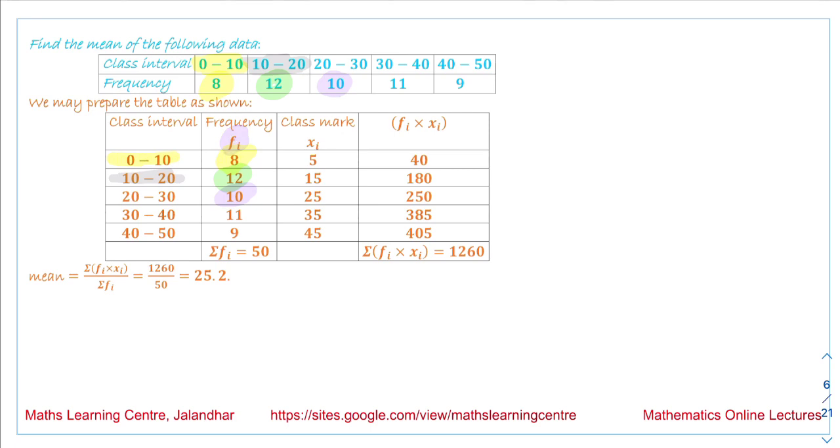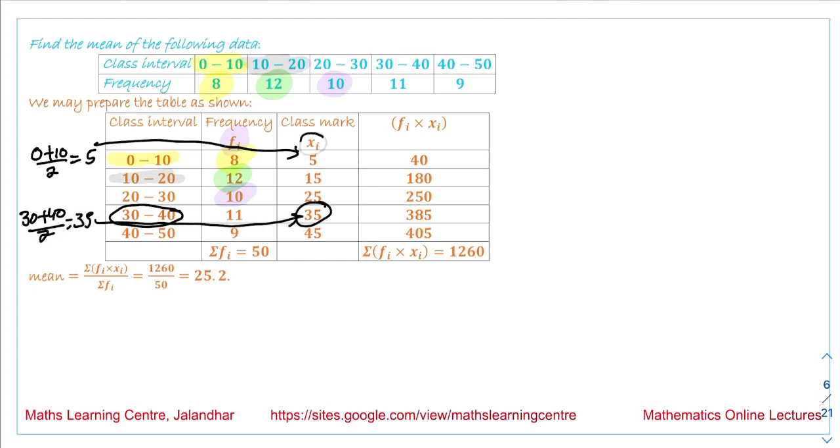The next thing we have to calculate is the class marks. The formula for class marks is 0 plus 10 by 2, that is equal to 5. Similarly, suppose I am talking about the interval 30 to 40. So the class marks will be 30 plus 40 by 2, that is equal to 35. So these are the values xi, the class marks.